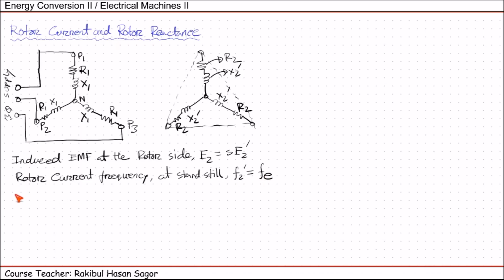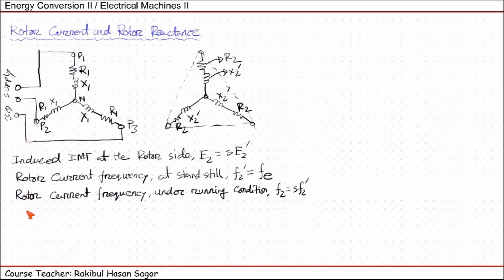So under running condition, the rotor current frequency will be F2 equal to S into F2 prime.